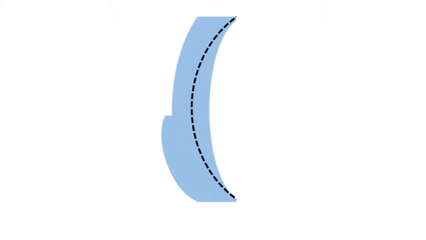Okay, this is how slab off is actually done on a plastic lens. The power is ground onto the back of a plastic blank, and that blank already has the bifocal power there on the front. And once that power curve is made, we have an optic center there where the arrow is.